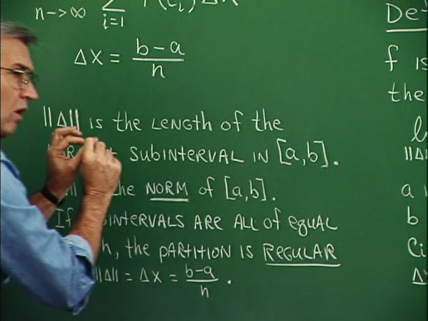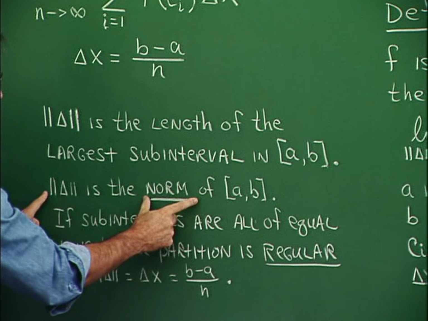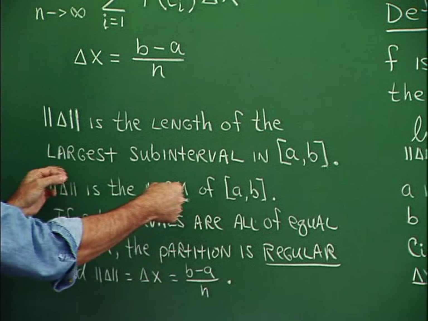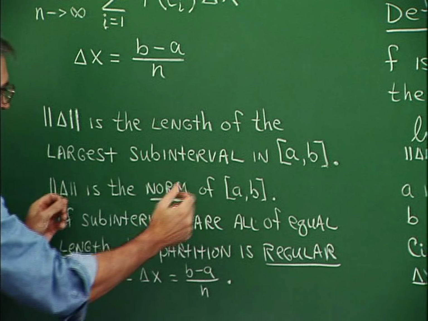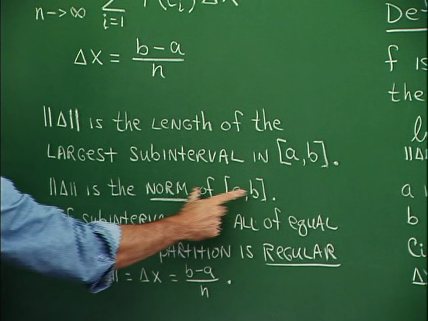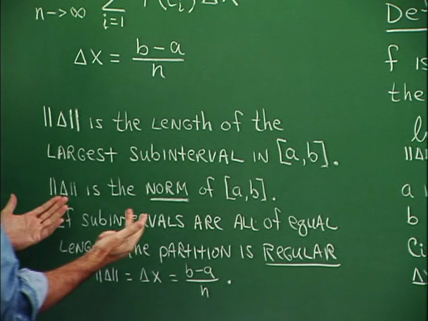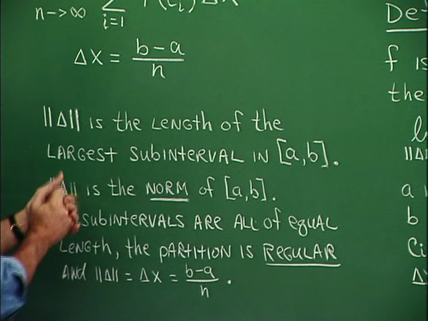Now, let's call that by a name. Let's say that this stands for what we'll call the norm of that interval. So the widest interval, the largest width of a rectangle, is called the norm of the interval a to b. Now, it may turn out that we structure the situation so that all of those rectangles have the same width.